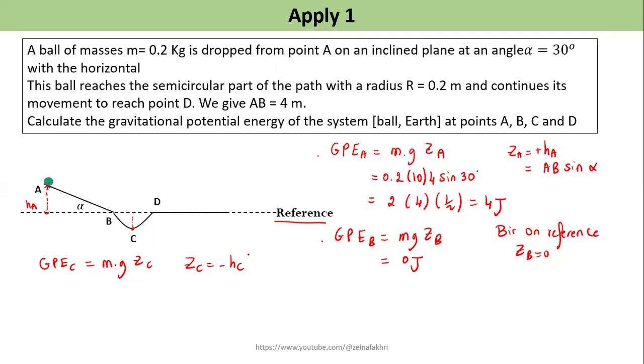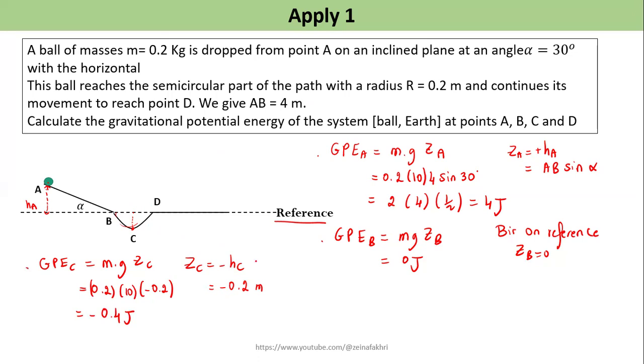Now, how can we find the height of the point C since it's not given? We notice here that this is a semicircle. So this is the radius, which means it's equal to negative 0.2 meter. And then we can find the value. So it's 0.2 multiplied by 10 multiplied by negative 0.2, which will give us negative 0.4 joules.